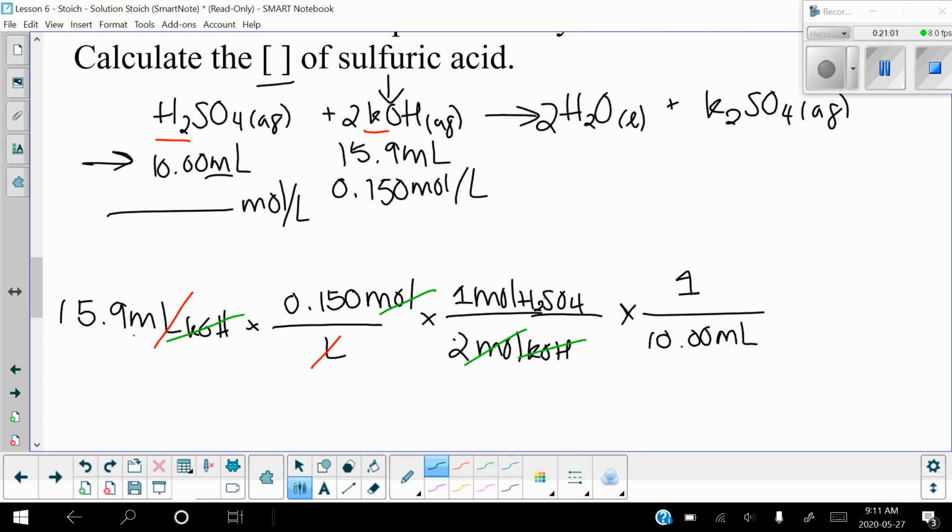Now let me show you what happens. The milli cancels out with the milli, and you're left with moles per liter of sulfuric acid. Once you plug that in, that gives you 0.119 moles per liter of sulfuric acid.